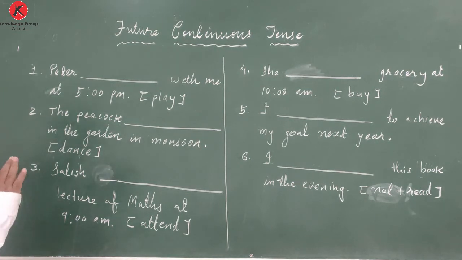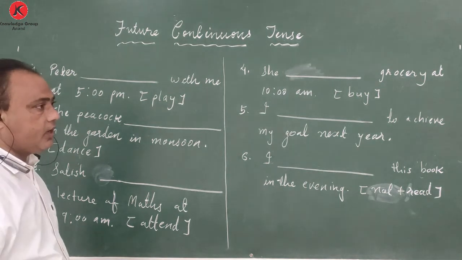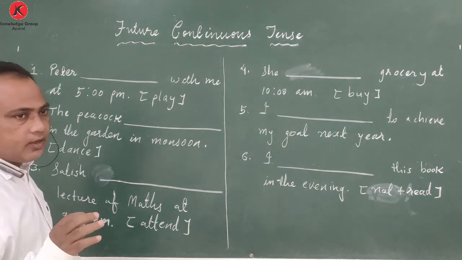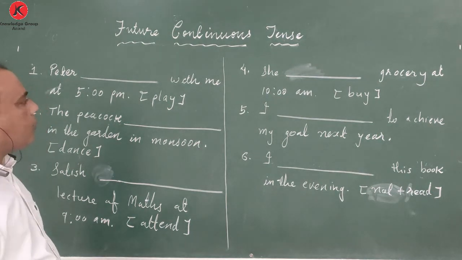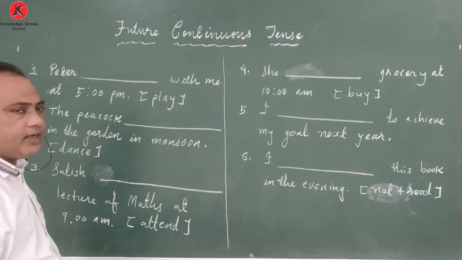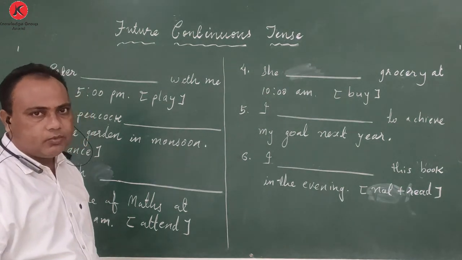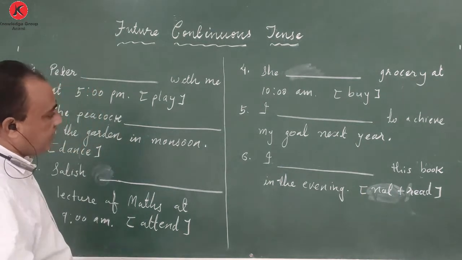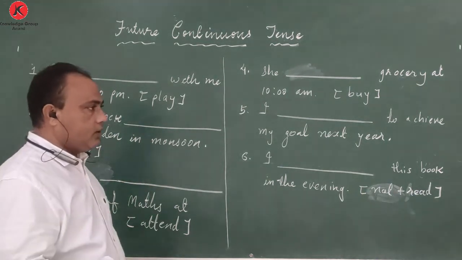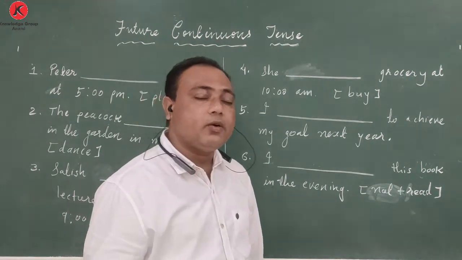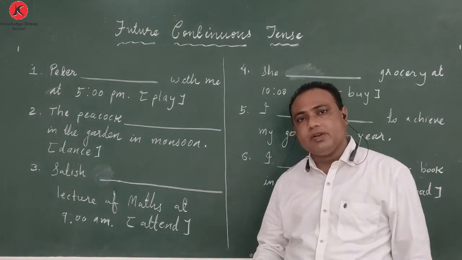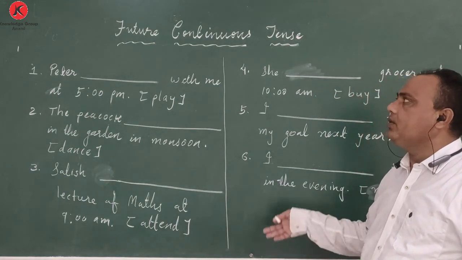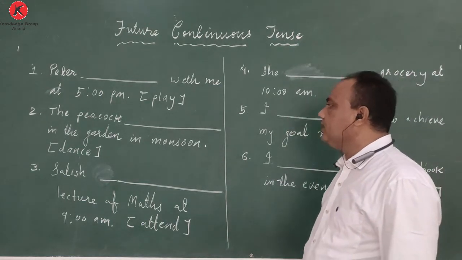Since it is pretty clear that we are solving an exercise related to future continuous tense, you have to keep in mind that a certain action will be in a progressive mode by a certain point of time in future. So these sentences are related to that. Now confusion will arise when all tenses are together, but we will take that type of exercise at the last. Right now, we are discussing future continuous tense.